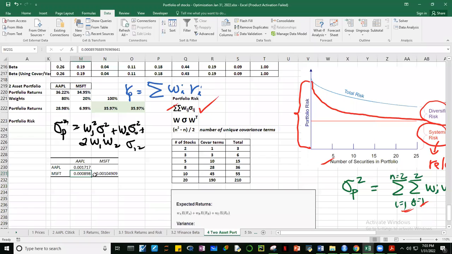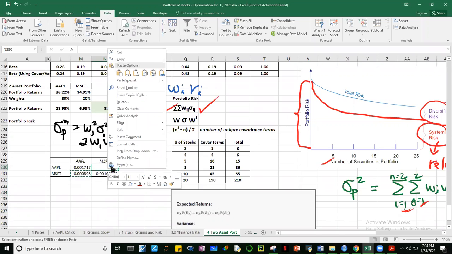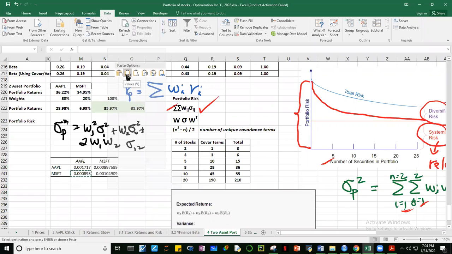The rest are the covariance. Okay? So, ito guys, this is the covariance of Microsoft with Apple. And it's the same as the covariance of Apple with Microsoft. So, let's copy this, Control C. Copy natin dito, just the value. No? Paste special yung value. Okay, kinopy-paste ko yung value. Okay, so this is our variance, covariance.